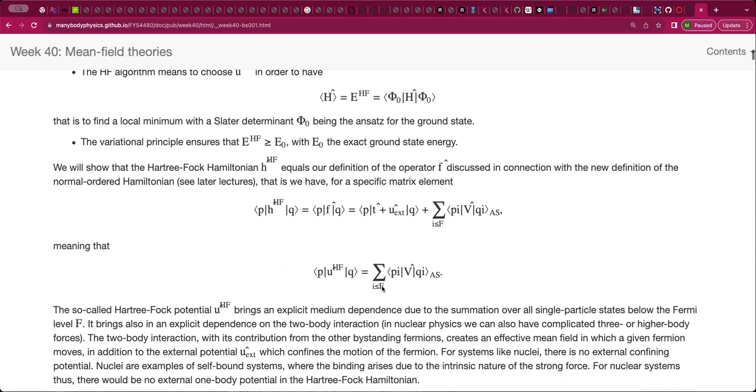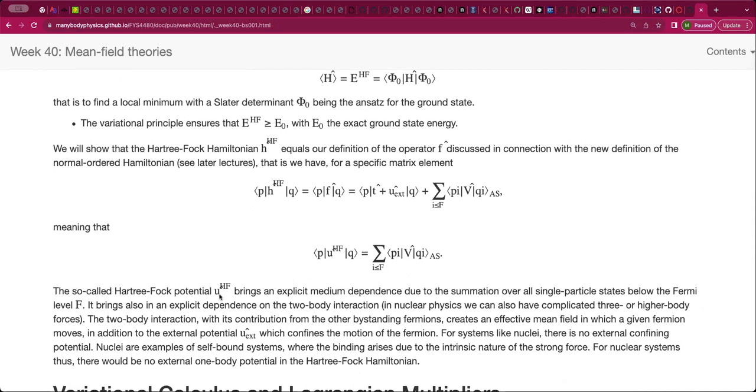So the so-called Hartree-Fock potential brings in an explicit medium dependence due to the summation of all the single-particle states below the Fermi level. And it brings also in an explicit dependence on the two-body interaction. And as I say, in nuclear physics and other fields where complicated three-body and higher-body interactions are important, they will also be present. And that will entail some rewriting of this term.